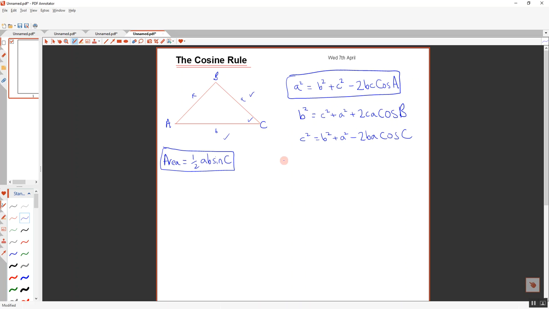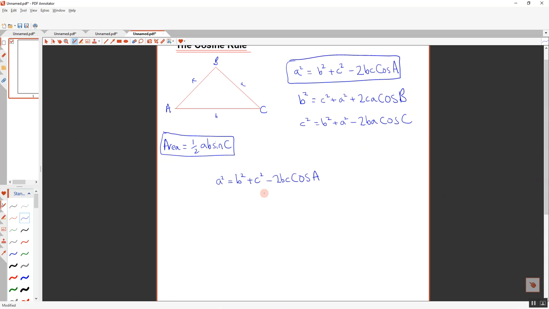Okay. Now, if I want to find an angle, easy enough. All I'm going to do is take our formula, let's say a squared is equal to b squared plus c squared minus 2bc cos A. And what I'm going to do is rearrange it for the angle. First thing I'm going to do is subtract off b squared from both sides.